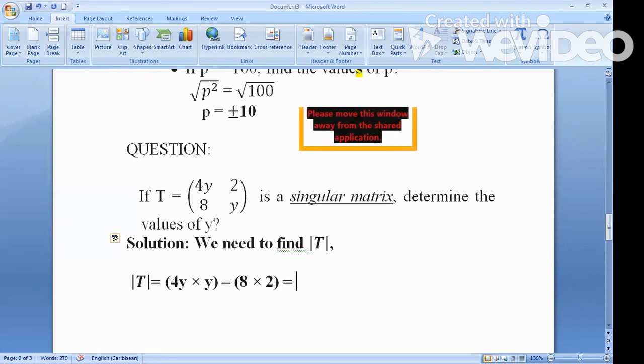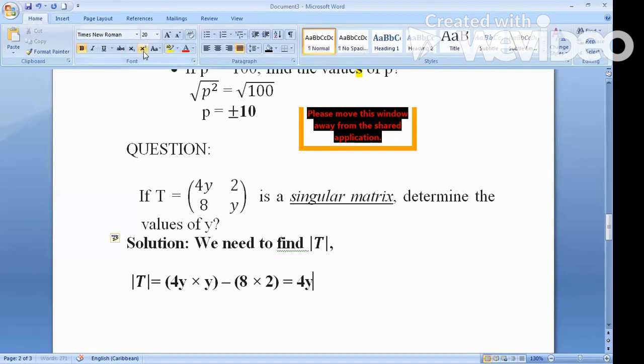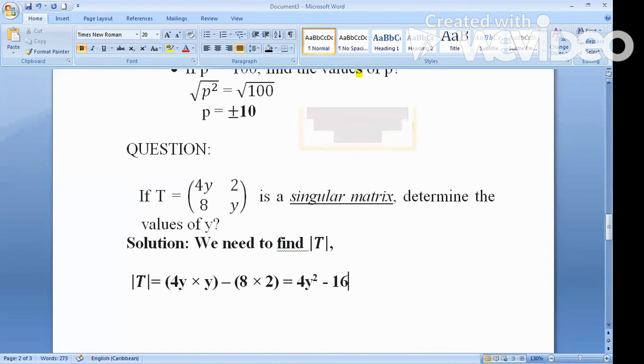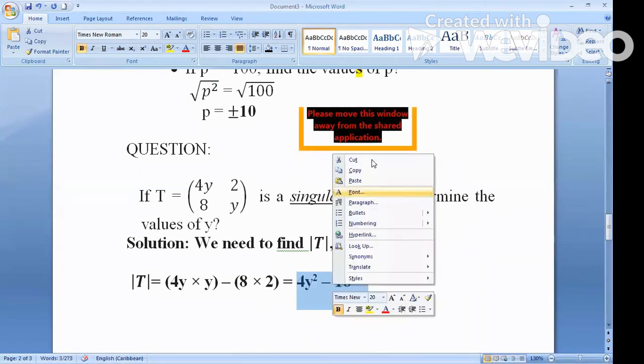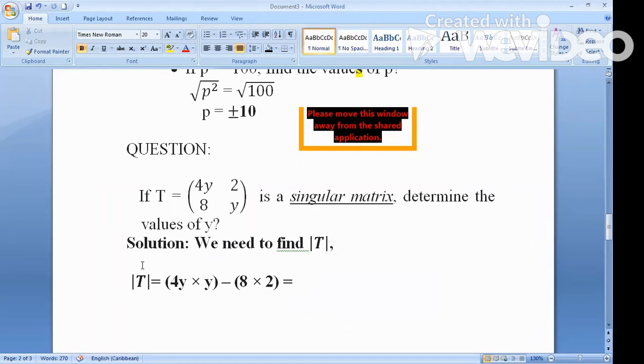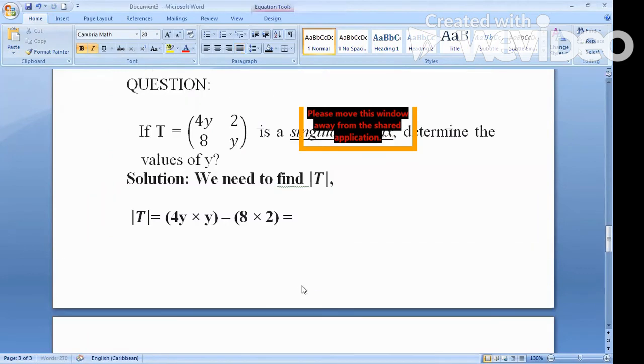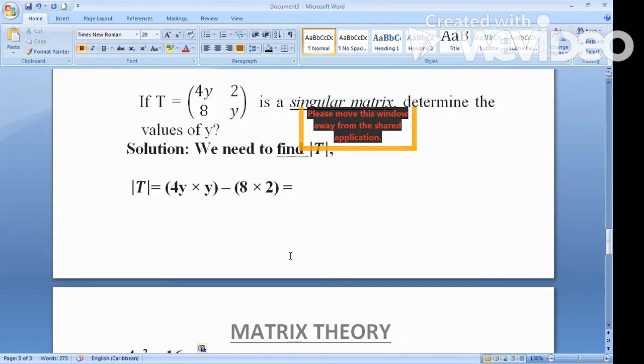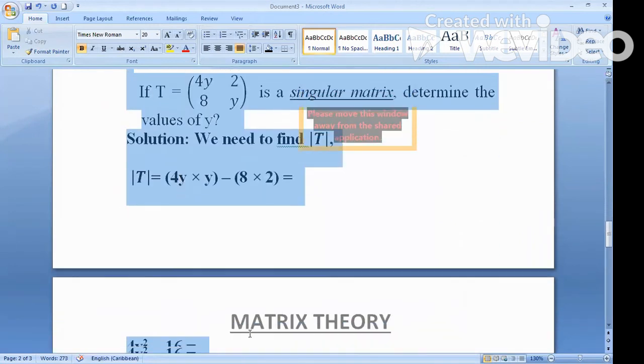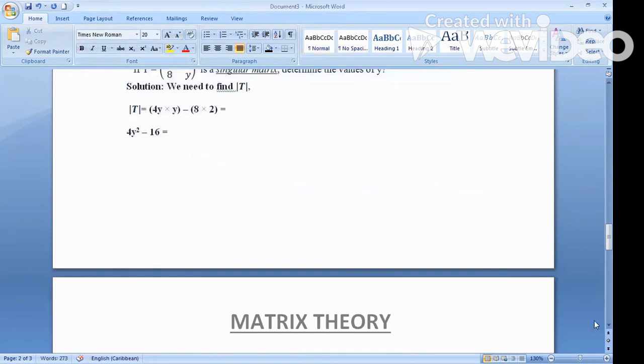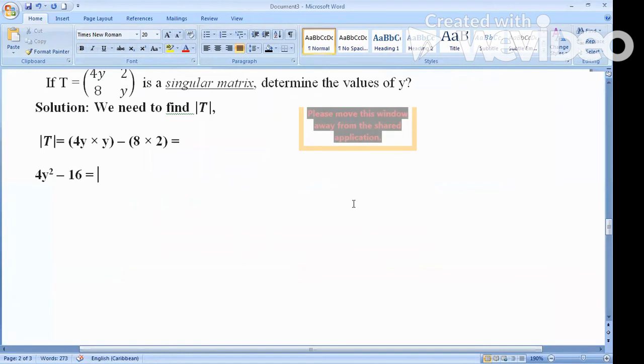So 4y times y is 4y squared, subtract 16.